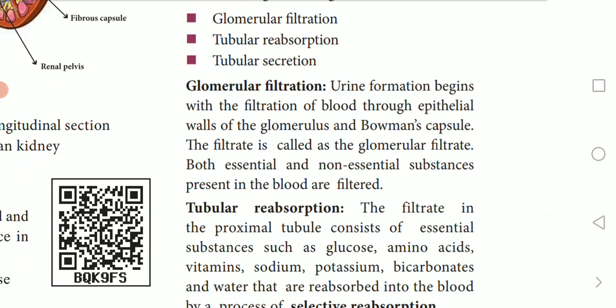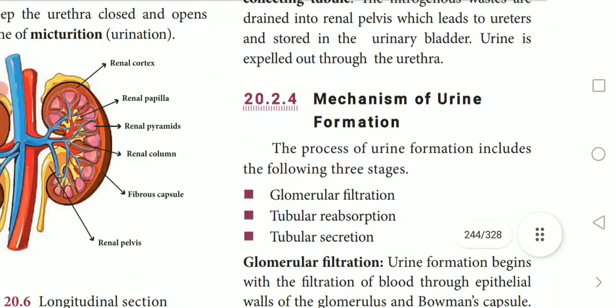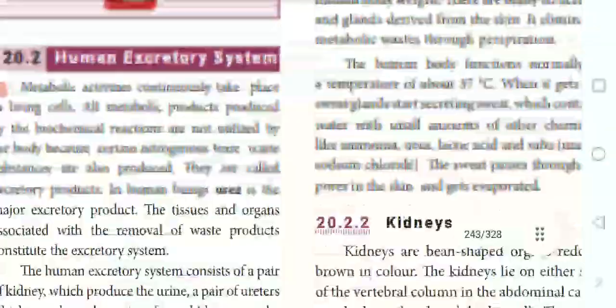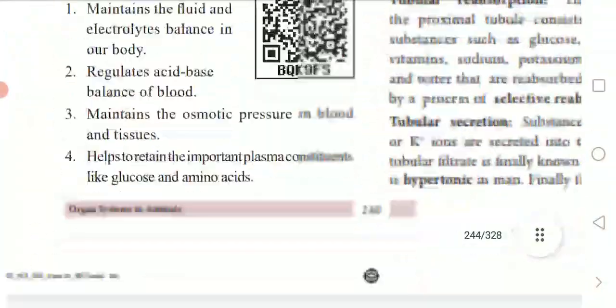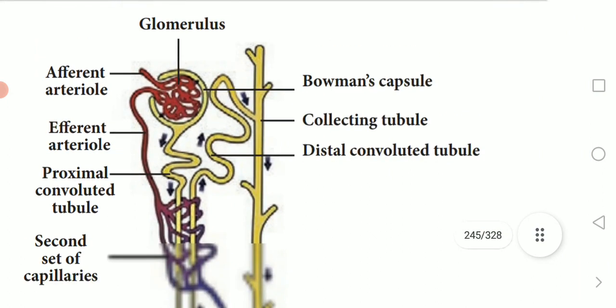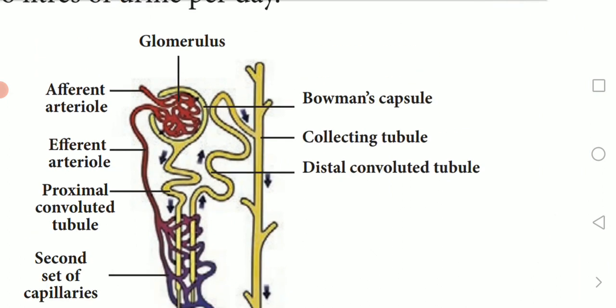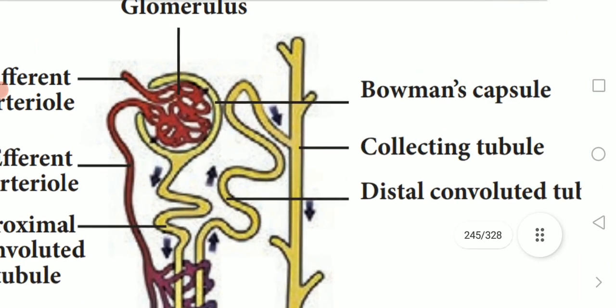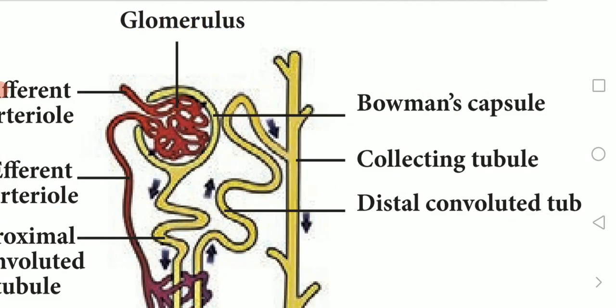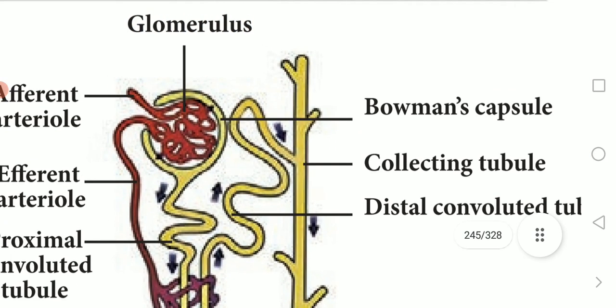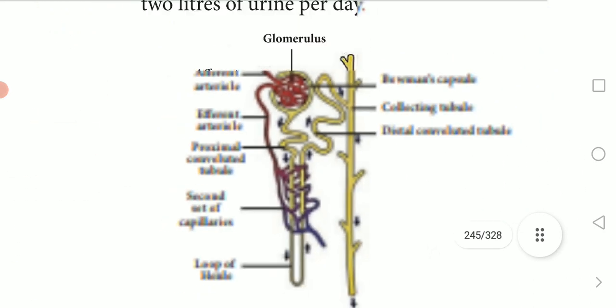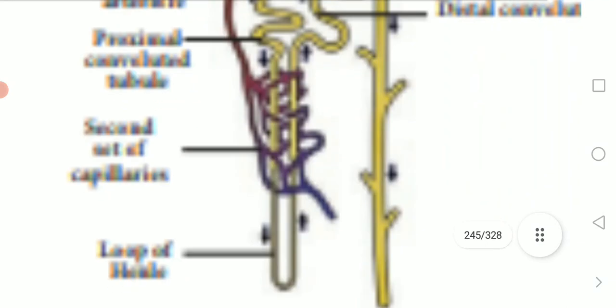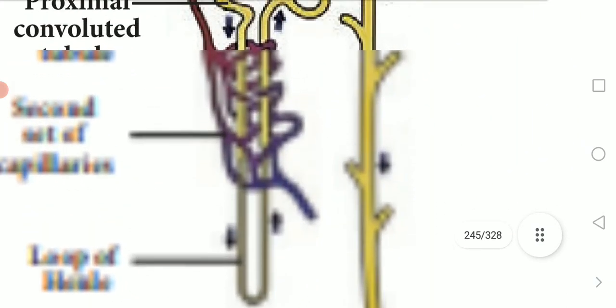The next one is the mechanism of urine formation. The process of urine formation includes three processes: glomerular filtration, tubular reabsorption, and tubular secretion. Glomerular filtration: urine formation begins with the filtration of blood through the epithelial walls of the glomerulus and Bowman's capsule.